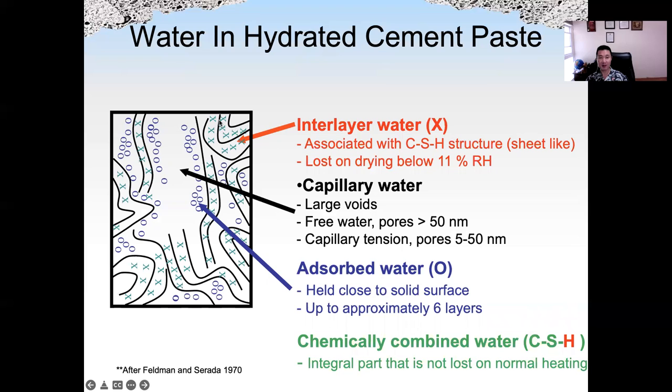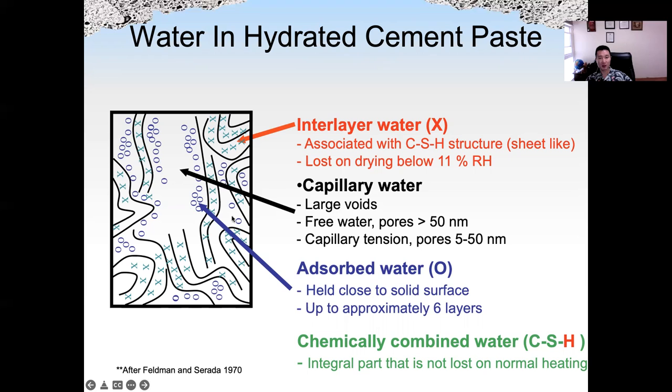Again, the black line is CSH sheets, or we call that CSH gel. The water between the layers is very hard to lose. Only lose when the RH, or the relative humidity, dries below 11%. So that's the first type of water.